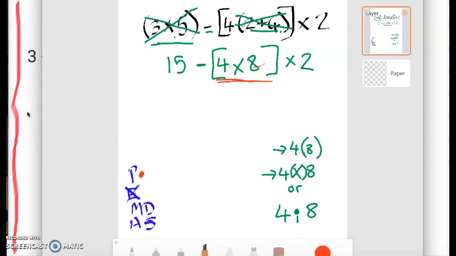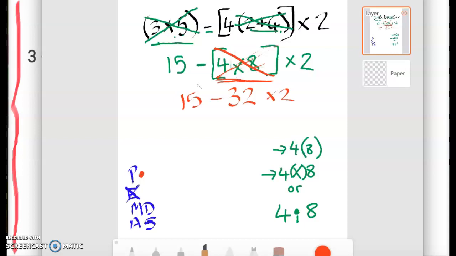Now I've solved the 4 times 8, so I can cross it out. And then I can bring down my 15, my subtraction, and my multiplication. So I brought everything else down.